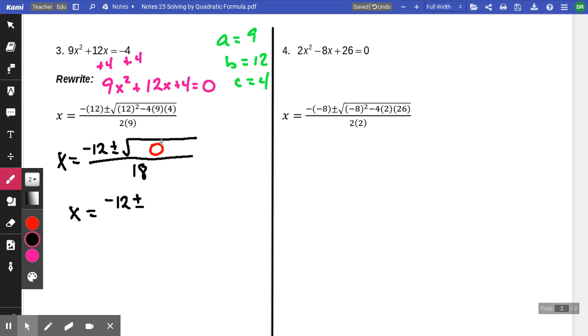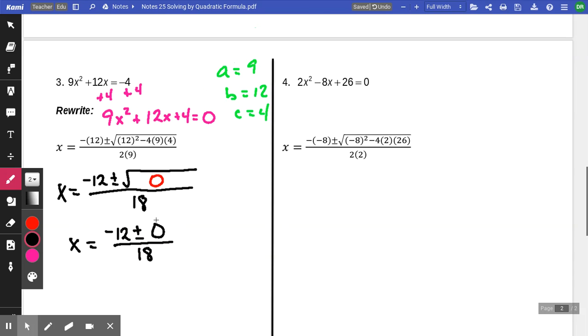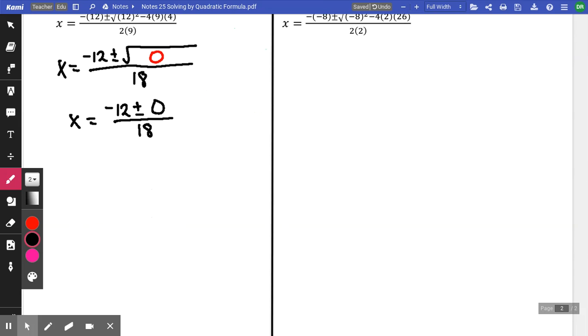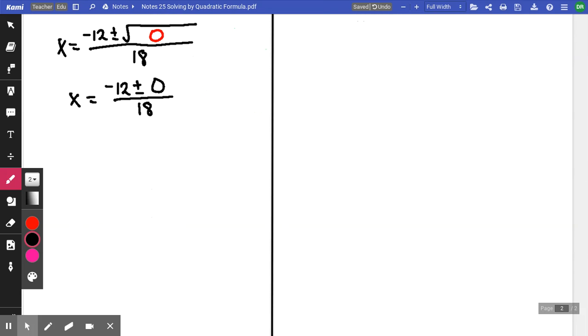And so simplifying this, we get -12 plus or minus. We don't think about it often, but we actually know the square root of 0, because square root means something times itself that would give you this value, and 0 times itself is 0. So we can take the square root of 0. It is just 0. And we divide by 18 here. There's a couple ways to reason through this. Maybe you realize that adding and subtracting 0 has the same effect, so we won't actually see different things happen here.